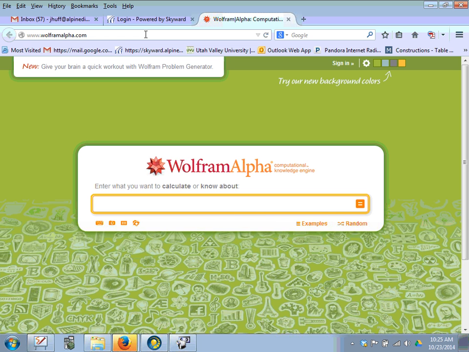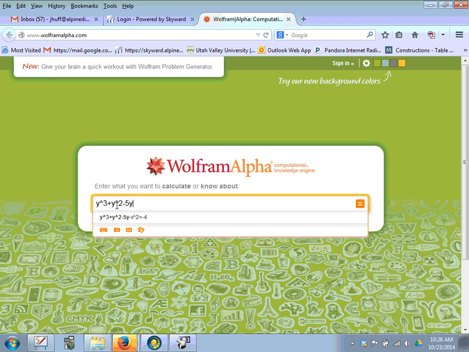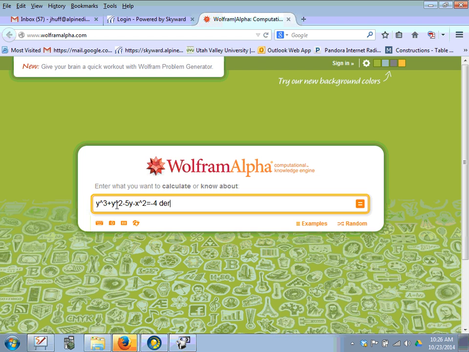It's free. Not the full thing, but you can type in anything you want into this bar and it will solve it for you. It'll graph it for you, it'll take the derivative, anything. So if we type in y to the third plus y to the second minus 5y minus x squared equals -4, and then derivative.